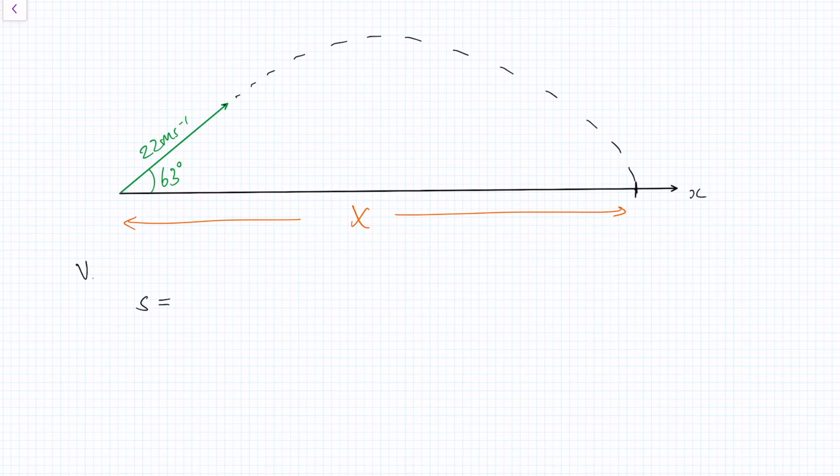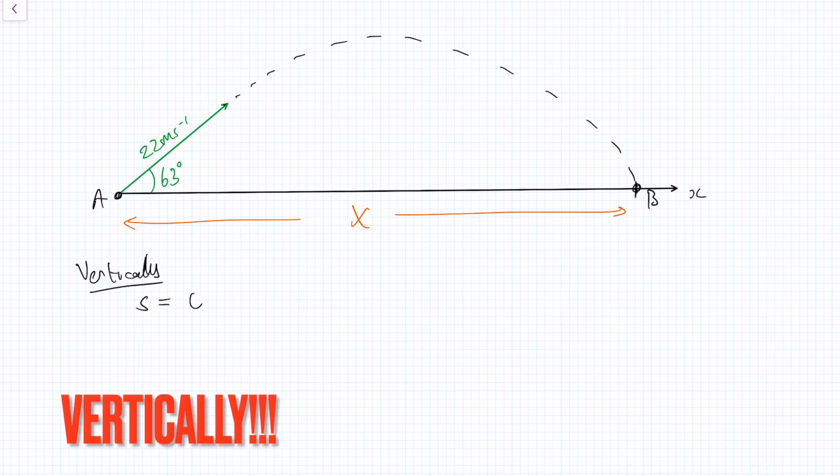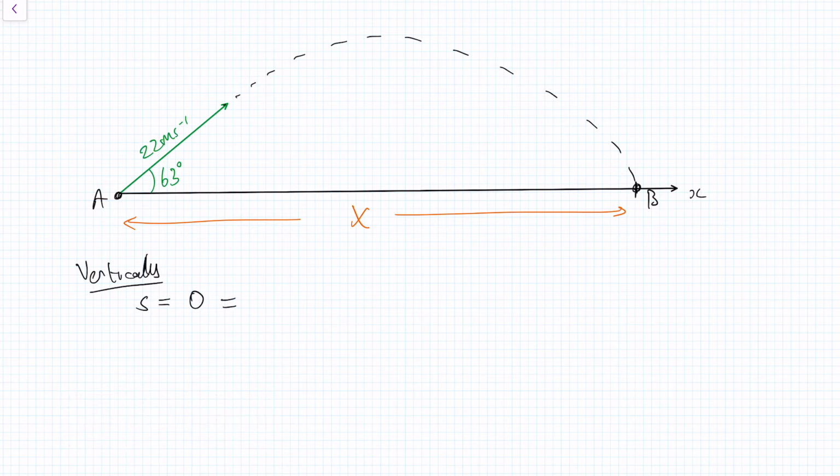So we have s, this is vertically. Well, what is s? s is the displacement. If you're considering the whole journey, displacement is 0. It starts from point A and goes to B. They are at the same level, so the height is 0, therefore the displacement vertically is 0. That's equal to ut minus half g t squared.